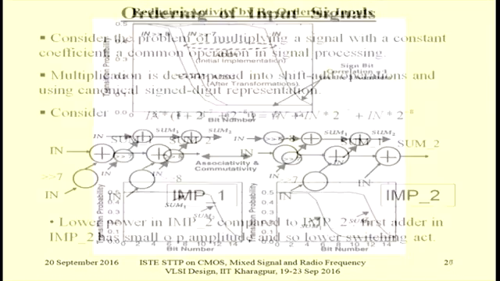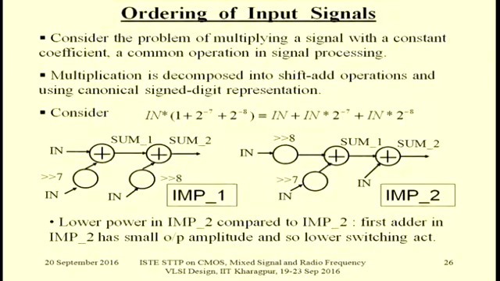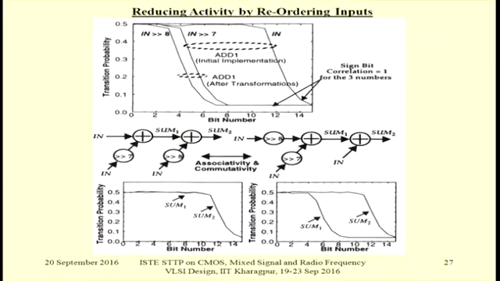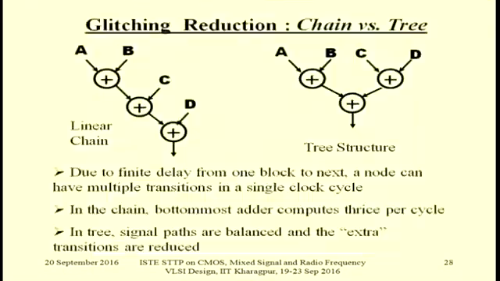On the other hand, for the first implementation, it is almost the same, because the large number is involved in both sums. These two numbers are negligible compared to the first one. So sum 1 at this intermediate output and this final output have almost the same transition probability. Thus we obtain this curve. This is made possible by slight reordering of the inputs.